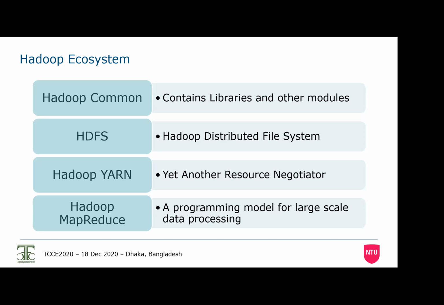This is the one responsible for dealing with the different individual resources, the individual nodes or commodity hardware, and how they are going to work together. This is ensured by YARN. And MapReduce is actually a programming model which makes use of distributed programming to make sure that the computation is done appropriately.